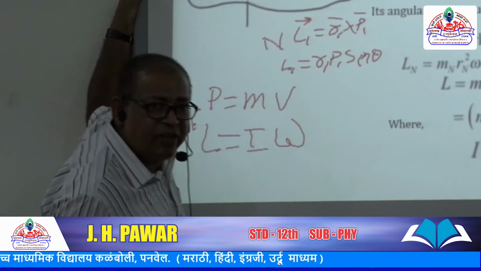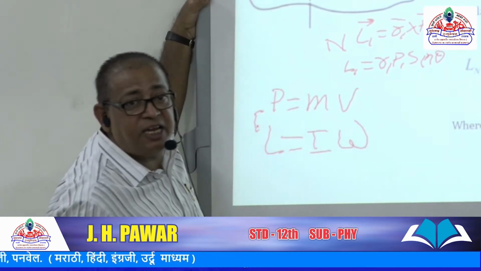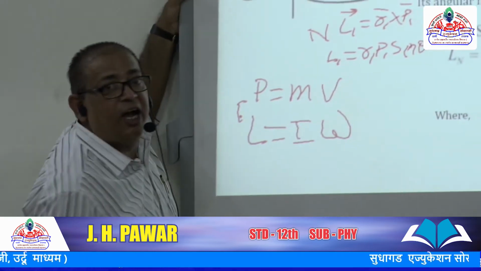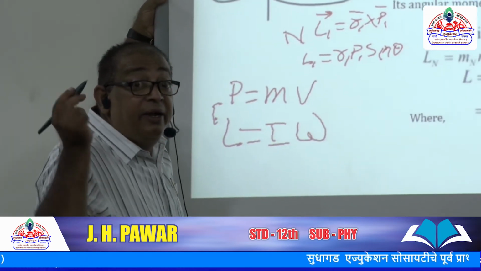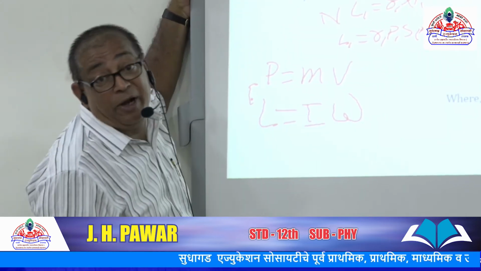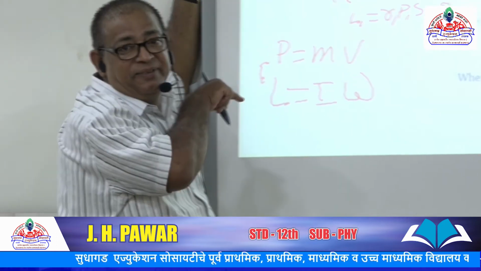Comparing these equations, mass in translational motion is analogous to moment of inertia in rotational motion. This is the physical significance of moment of inertia: mass is replaced by moment of inertia.